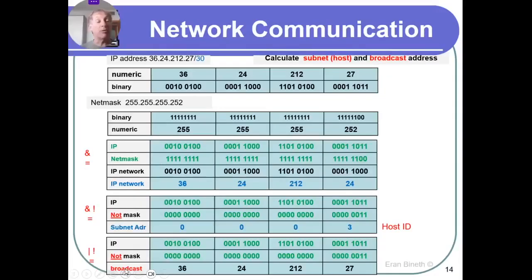Using broadcast of layer 3 would guide the message to all the devices within that network that is shared by this IP network of 36.24.12.24/30.